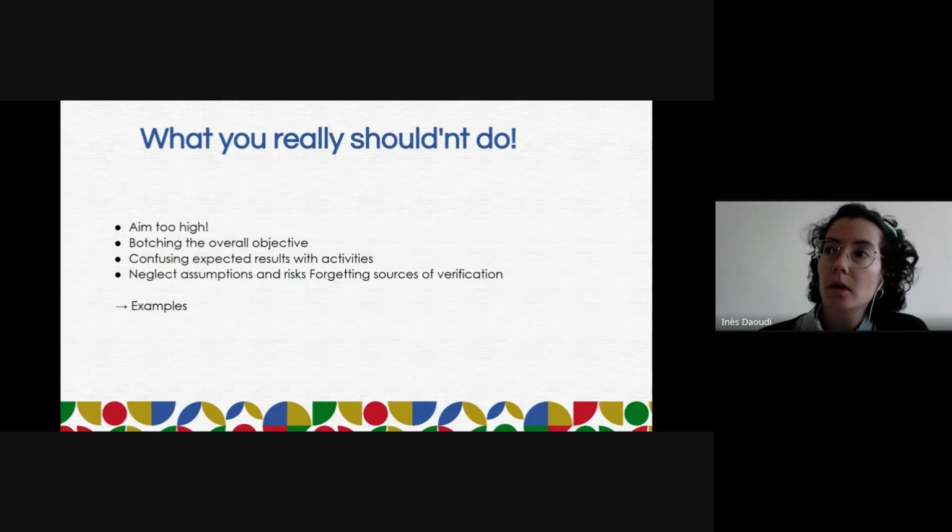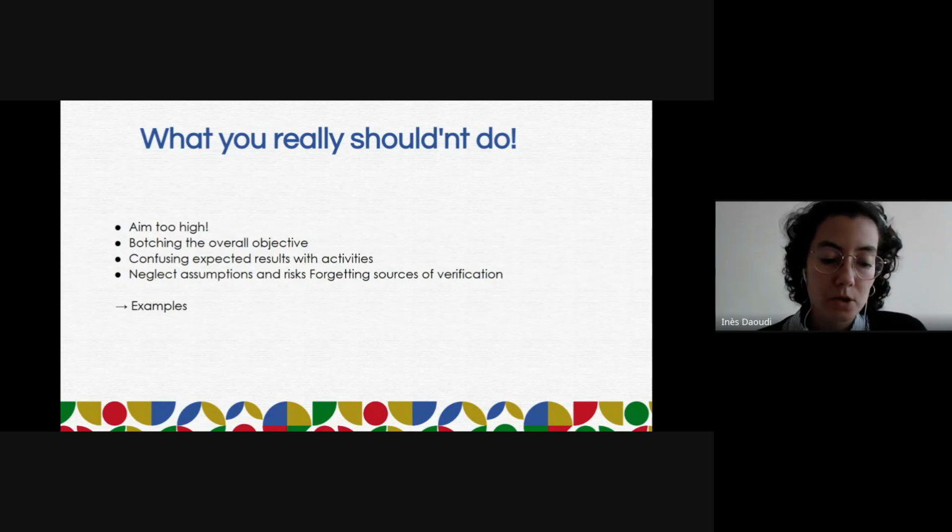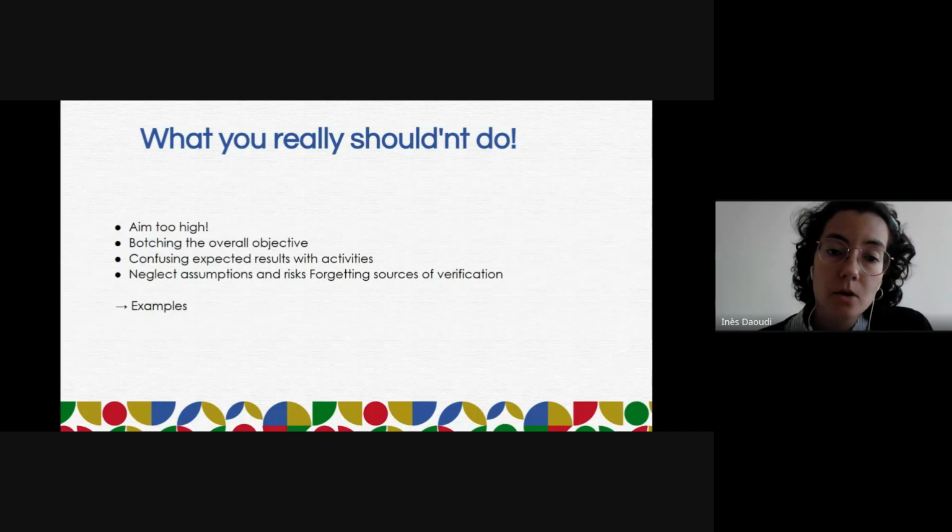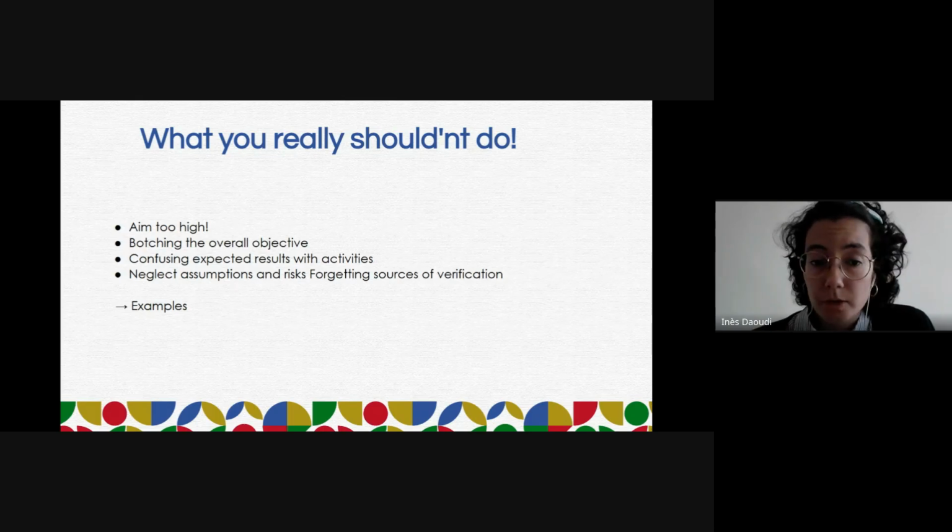So if you tell him in the logical framework, okay, with this project, we're going to train 1,000 young women, and it is not in your capacity to do this for any reason, it is problematic, because you may then have to give the money back at the end if you didn't reach it. So it can lead to unrealistic expectations from stakeholders and donors. So it is very important to keep this in mind.